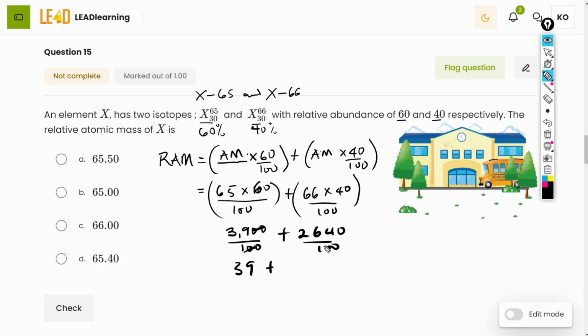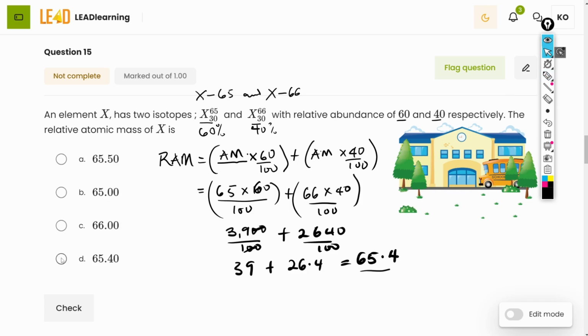That would give us 26.4. 26.4 plus 39 would give us 65.4. So the option that agrees with this answer is option D, and that is our answer.